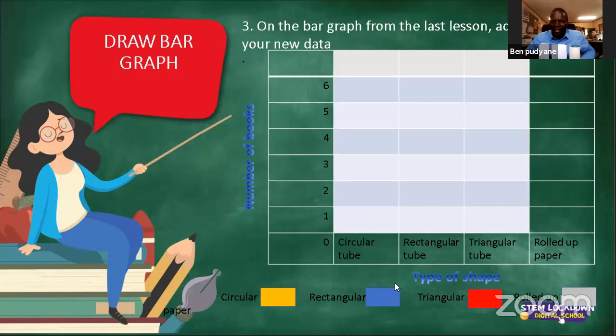Now you add the other column. Do you see on the graph, we have the one with nothing. That column means we must put information on how many books we can put on top before it can fall down.